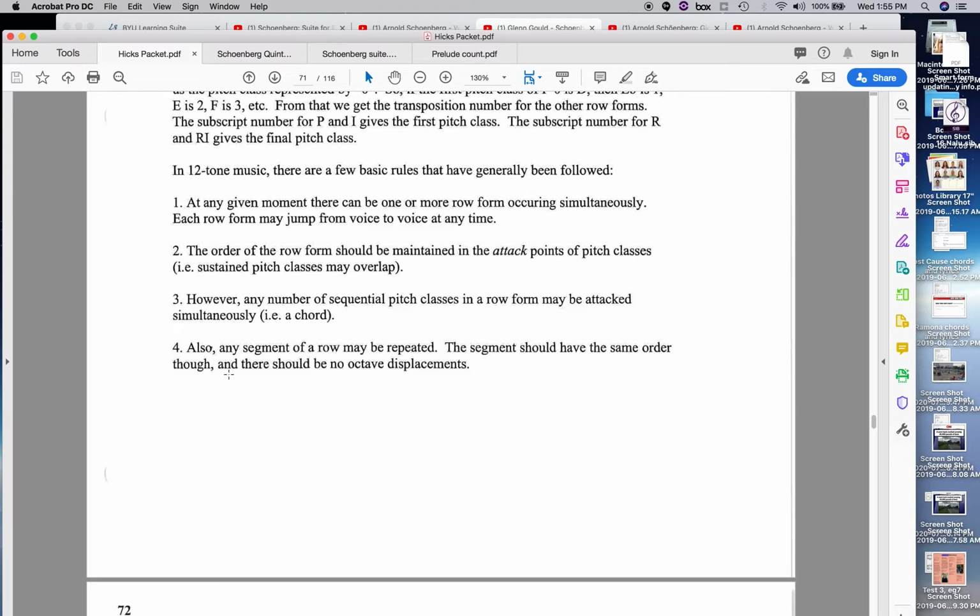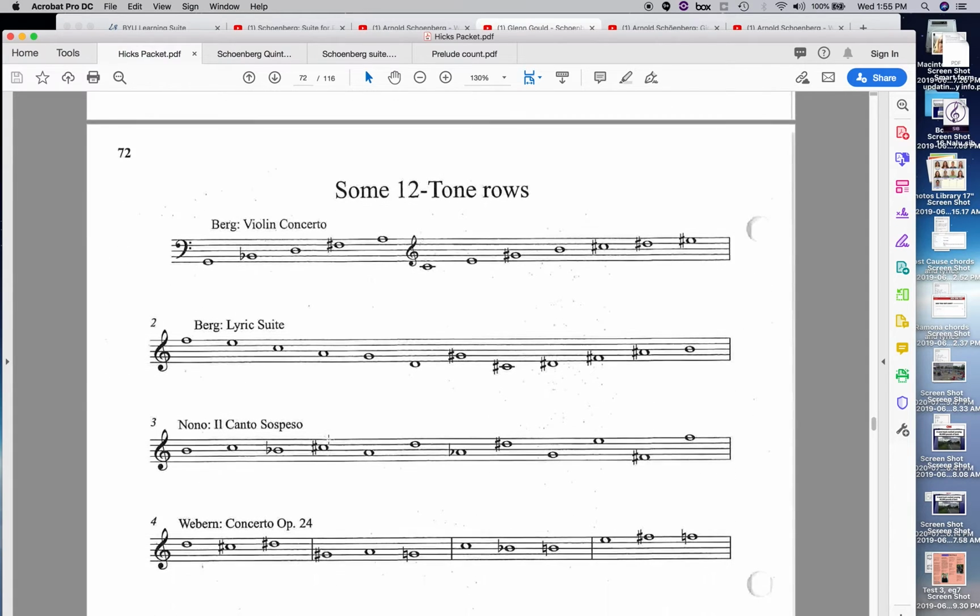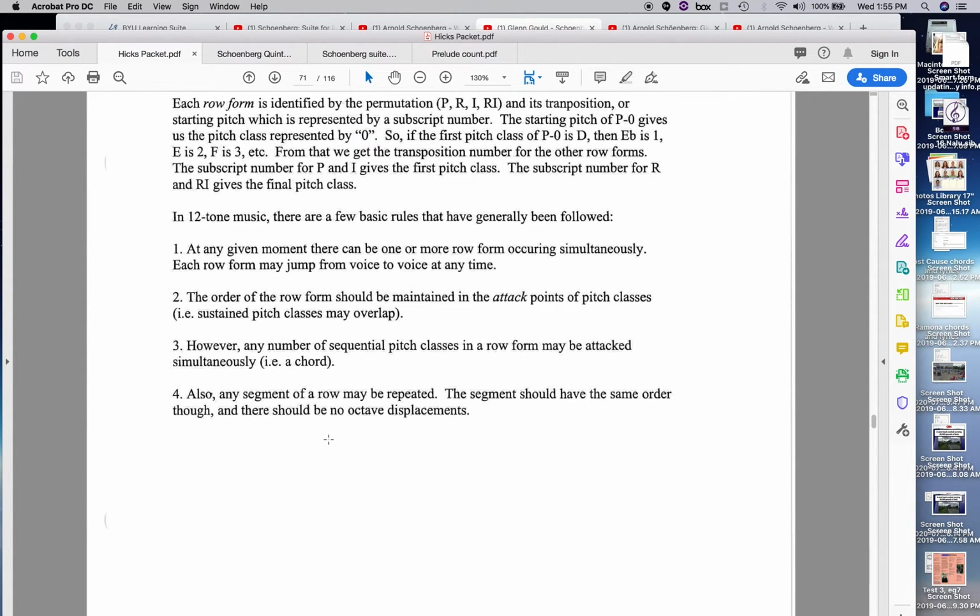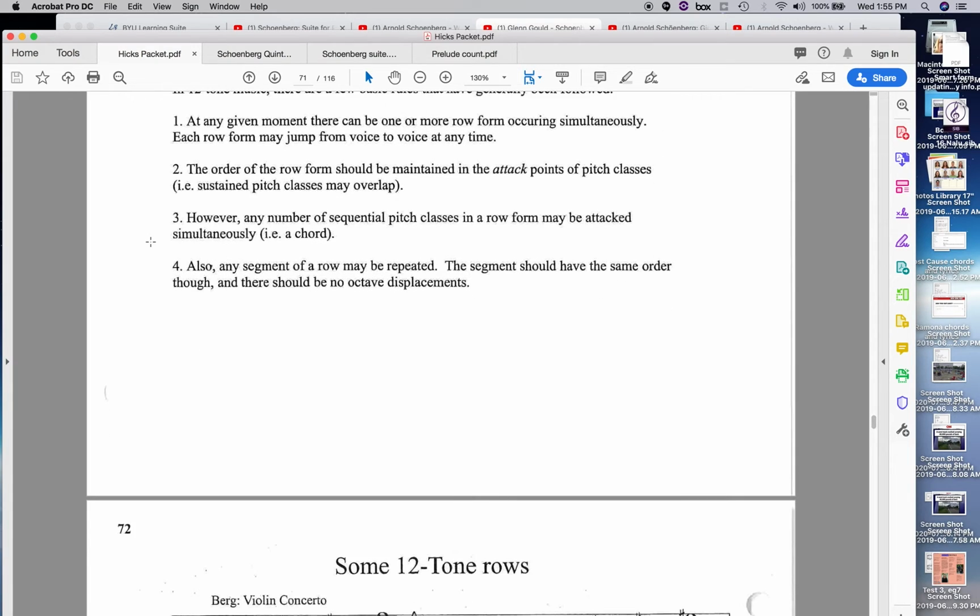I can't go, that's not allowed. A lot of this method is avoiding octaves. Octaves are kind of the enemy in 12-tone serialism. Okay. Now, that's it. Those are the 4 rules. That's the method of composing with tones that are related only to one another.